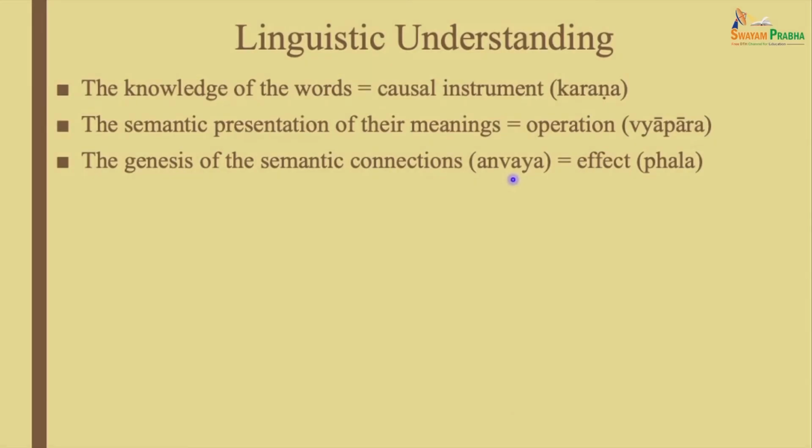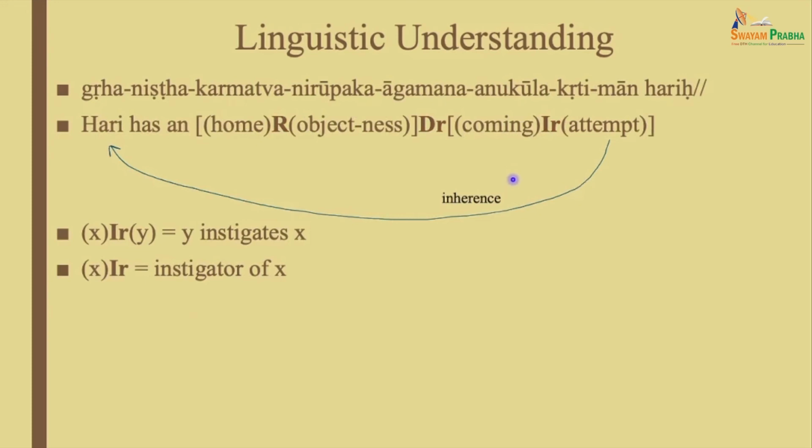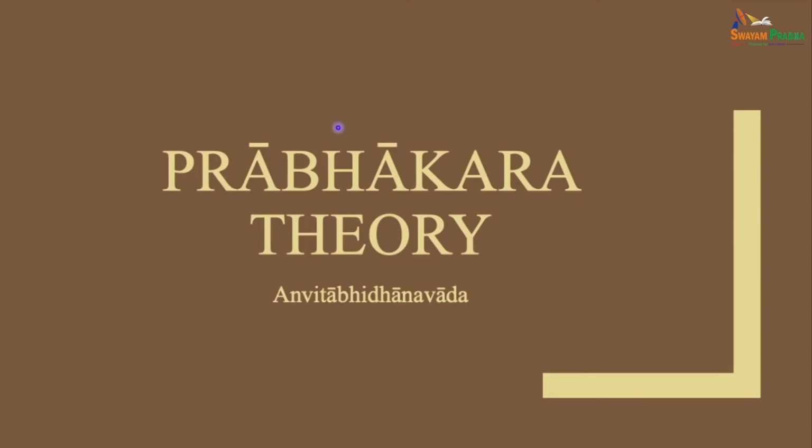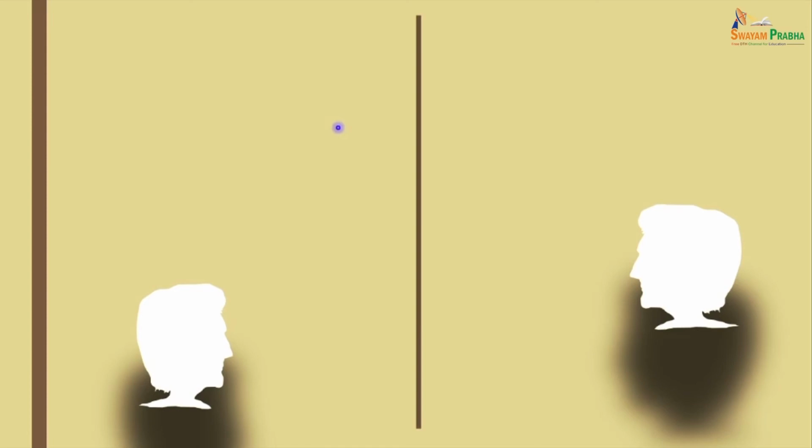In the earlier case, we have seen that first the abhidhana happens. That is, first the word meanings are yielded. Then after the abhidhana, they get connected. The anvaya happens due to the samsarga maryada or the akanksha. That is why it's called Samsarga Maryada Vada. But when we consider this new theory, it is completely different, because here the abhidhana is the last thing to happen.